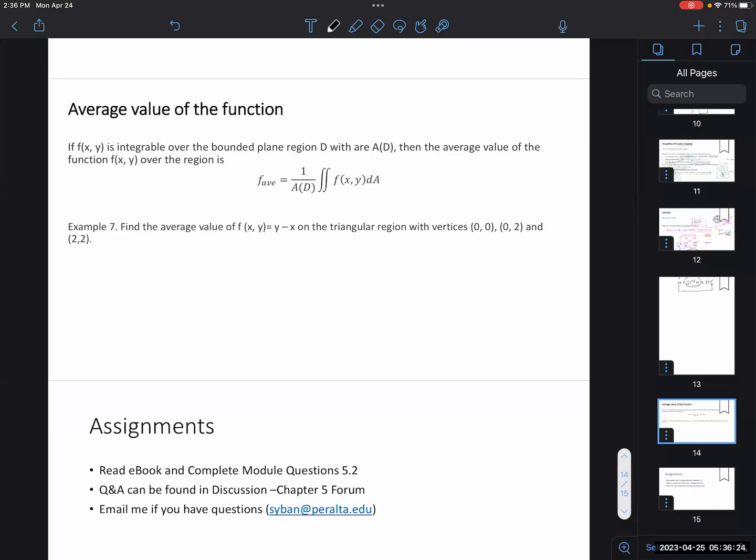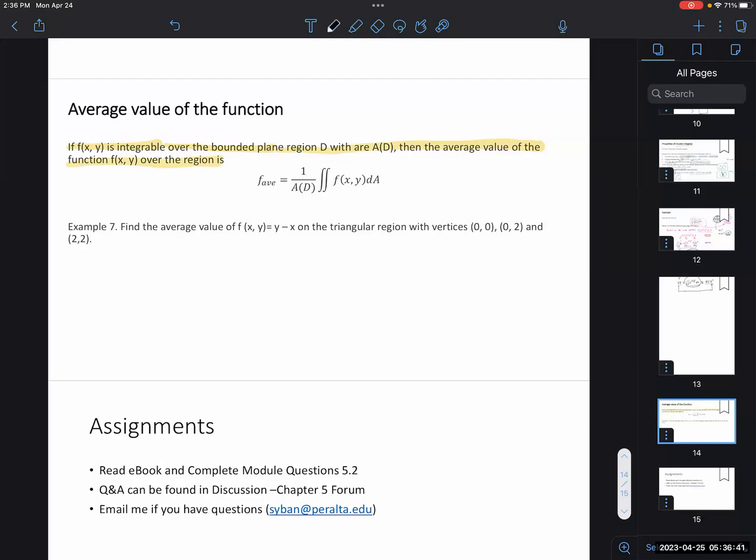Well, you already saw this in calculus 2, the average value of a function. If you remember, if the function is integrable, there is no hole or break over the plane, and there's a region, and then you can also find out the average value of that function.